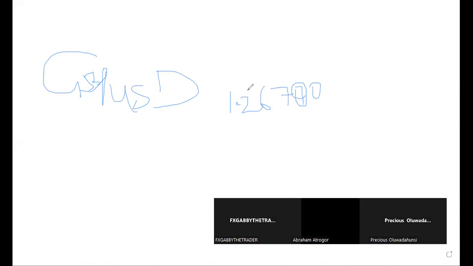Now, what did I say? You are always going to eliminate the last number after the four digits, 1, 2, 3, 4. We don't put this. That's a pipette. We don't consider that when we're calculating the pip. So we rewrite this as 1.2670. So let's do a little example now.